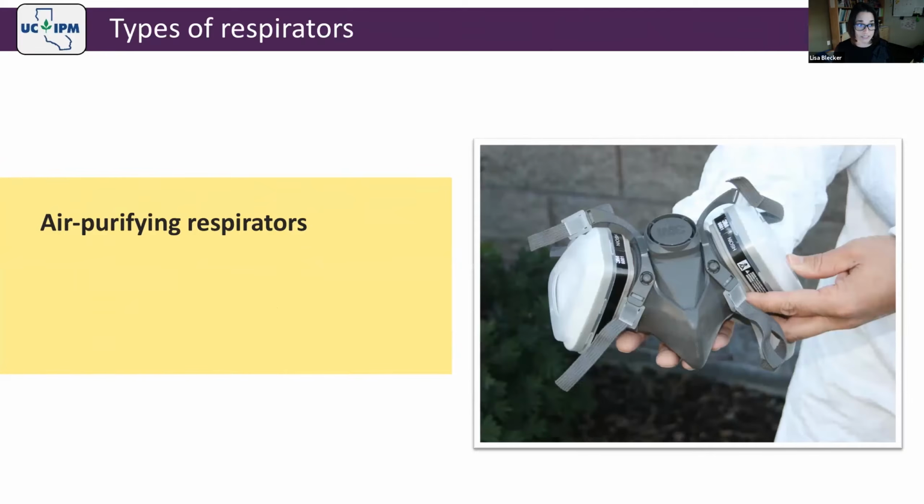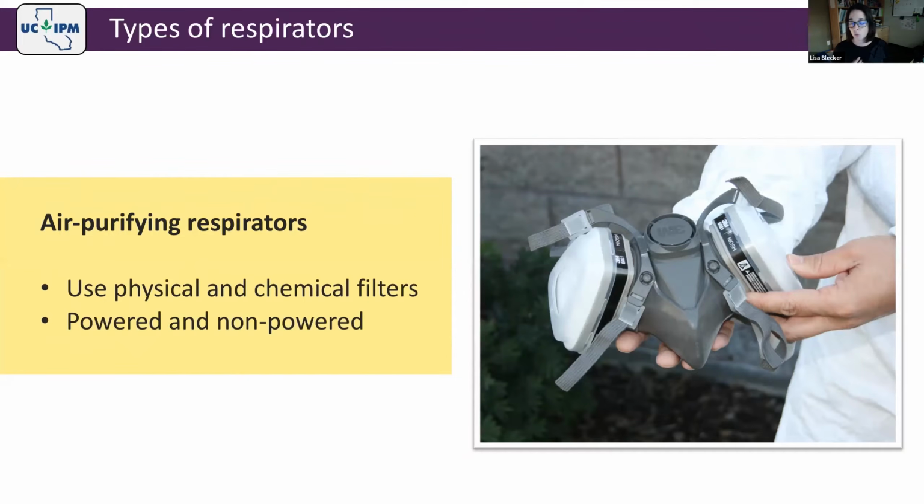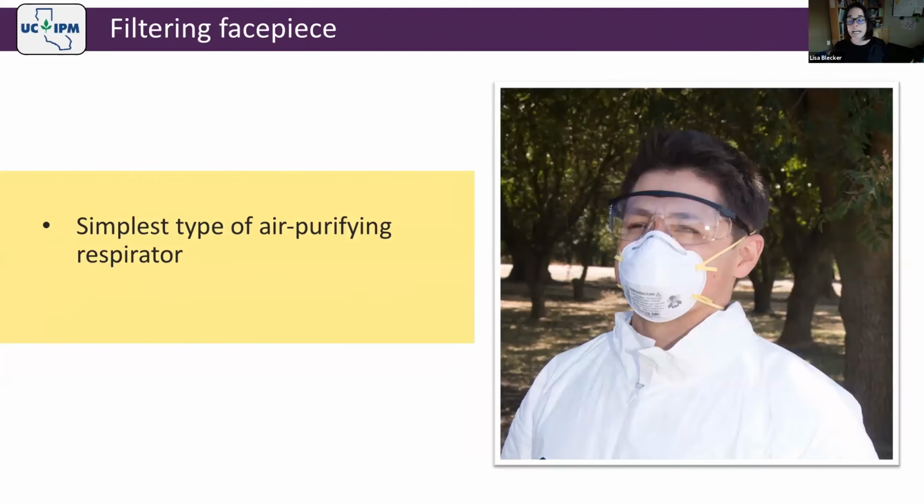Okay, so the other type of respirators are air purifying. Basically, you are breathing in external air that has contaminants in it, and you are using these physical and chemical filters attached to the respirator to filter the air. These could be powered or non-powered. So this is a filtering face piece. It's sometimes called a dust mist mask.